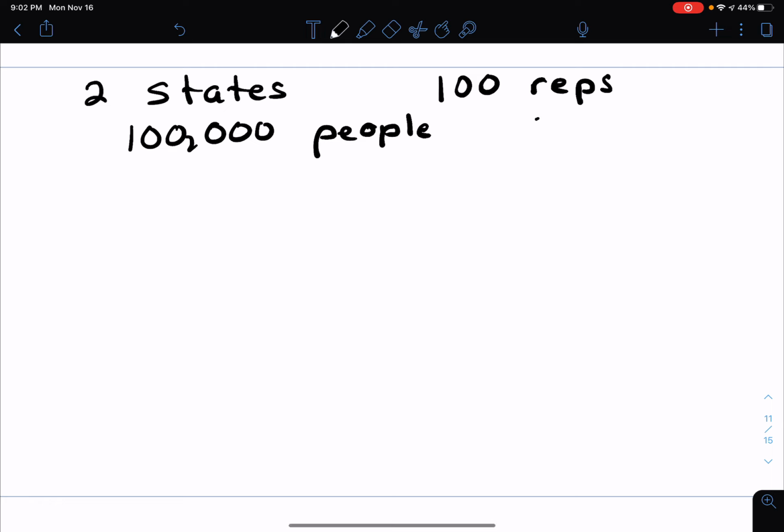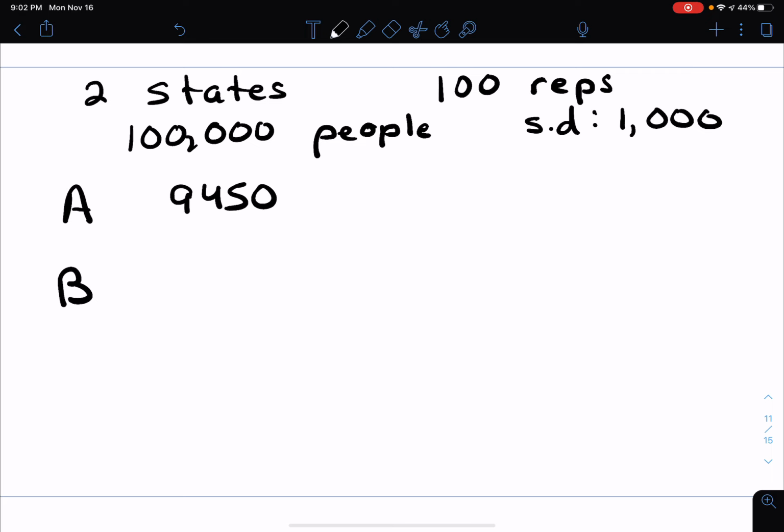So if that's the case, standard divisor will be the 100,000 divided by 100, which is 1,000. All right, so State A's population is 9,450. State B's population is 90,550.